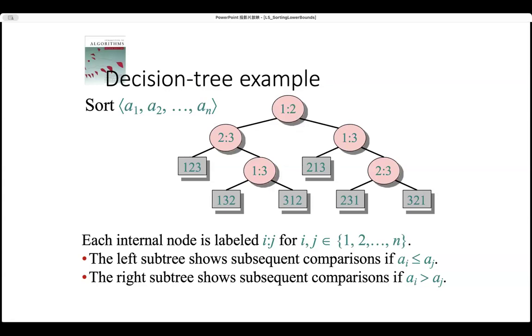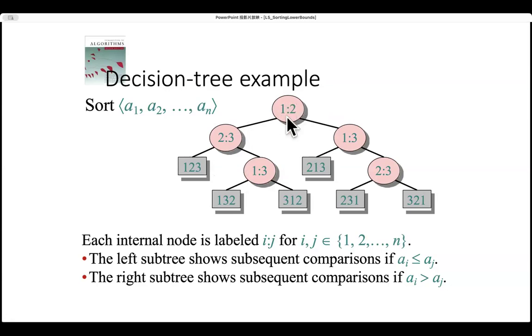So if the first number is smaller than the second number, we go to the left branch. If the second number is bigger than the first number, we go to the right-hand side, the right subtree.